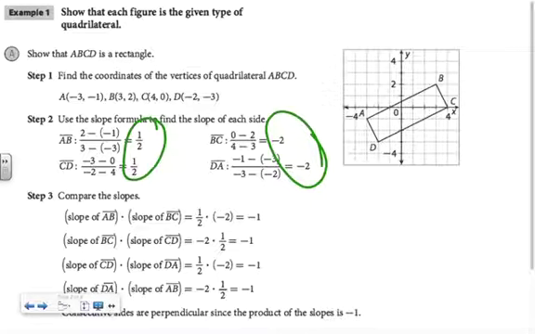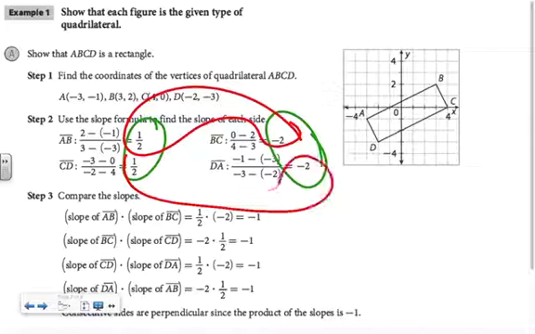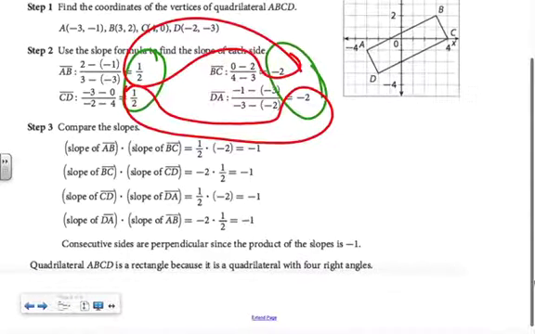And if you also compare these slopes and these, you'll see that they are opposite reciprocals. And so since opposite sides are parallel and consecutive sides are perpendicular, this is a rectangle because it has 4 right angles.